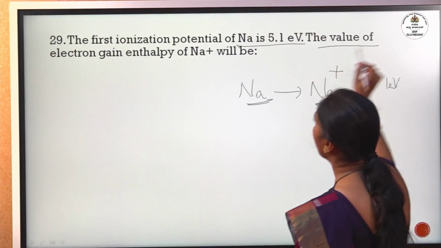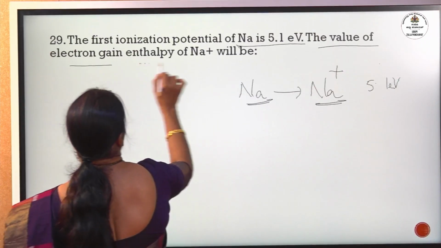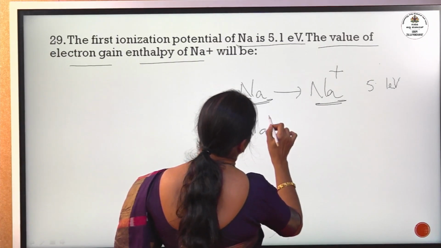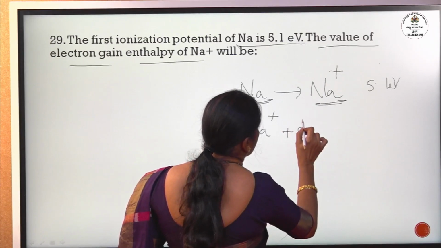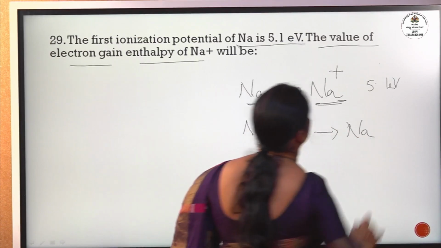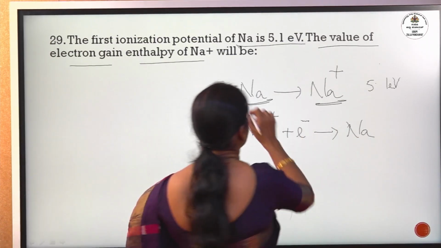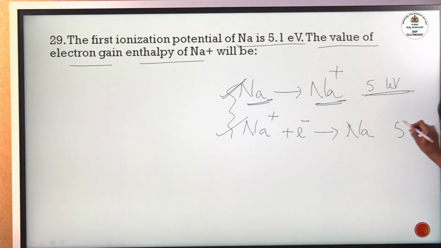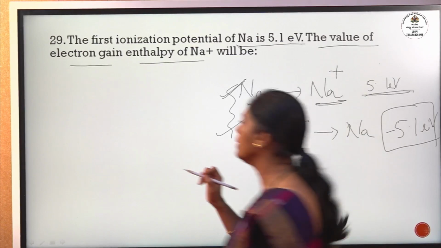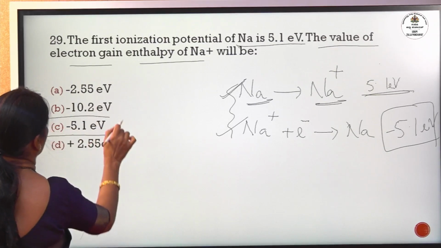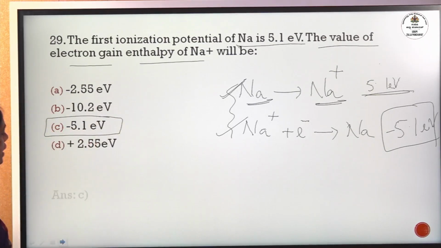The value of electron gain enthalpy of Na plus, that is adding one electron to Na plus ion, is exactly the reverse of this equation. So delta H will be the same with opposite sign, that is minus 5.1 electron volt. We'll check the answer, and minus 5.1 electron volt is option C. So C is the correct answer.